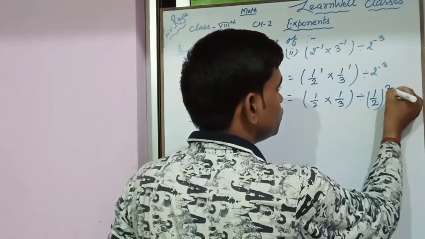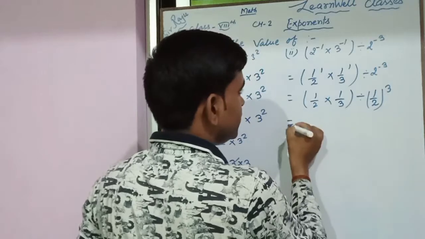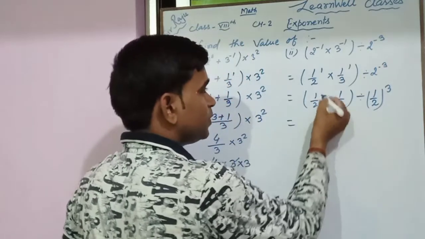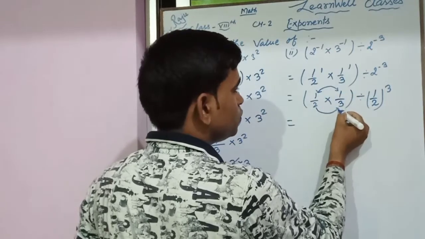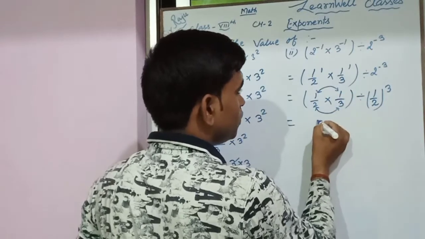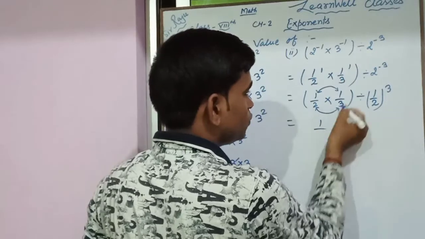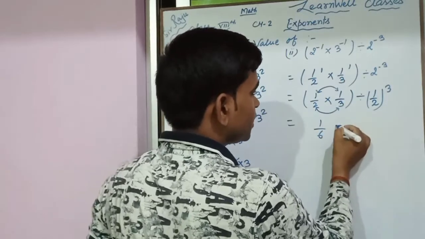So 1 upon 2 raised to the power 3. We have multiplied 1 into 1 and 2 into 3. So 1 into 1 is equal to 1, 2 into 3 is equal to 6.